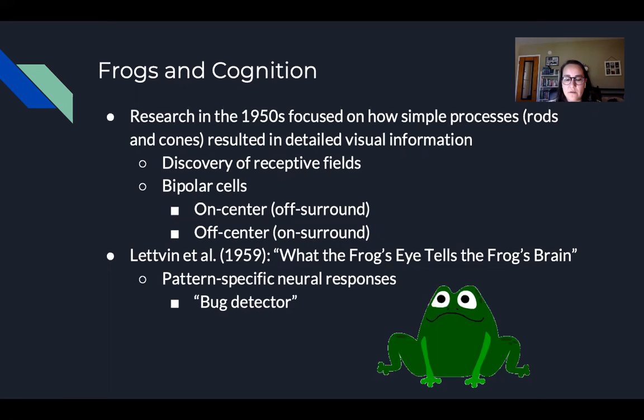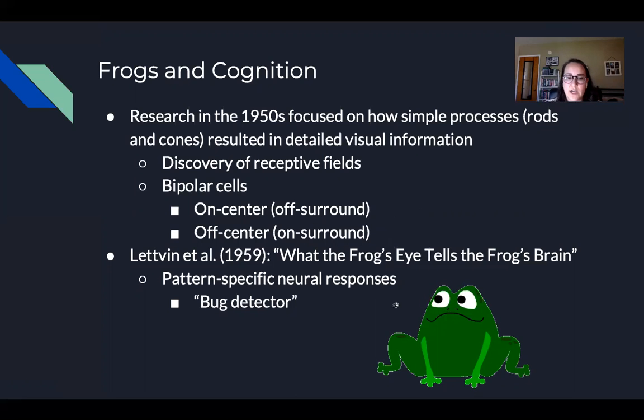They found that in the frogs they were studying, their visual pathways responded to, or became active in the presence of, different kinds of objects and events. And these researchers came to understand this to mean that there were groups of neurons that would respond to a particular pattern of light as it hit the retina.